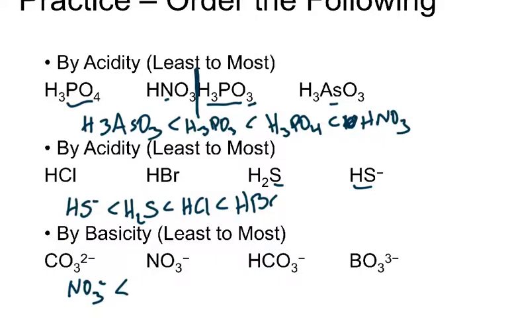And then next, as we're going across the top of the periodic table, nitrogen is number 7, carbon's number 6. And so we have 2 carbon options. Carbonate without the H is going to be more basic than bicarbonate with the H. So we're doing least to most: HCO3 minus, CO3 2 minus, and then our borate.